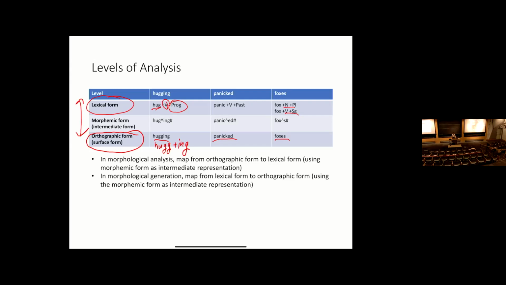What we want in a morphemic form is the rule for when to add this G, to double the letter.